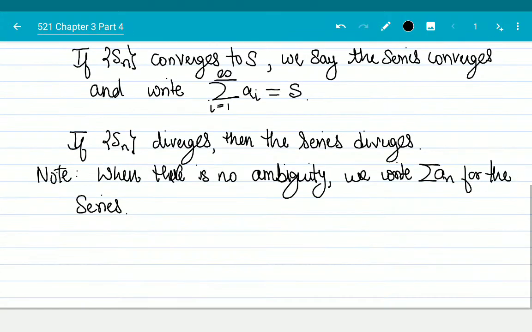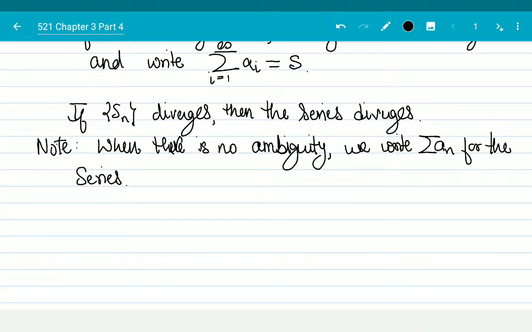So I will drop the i is equal to 1 to n or 1 to infinity to instead write a shorter notation.